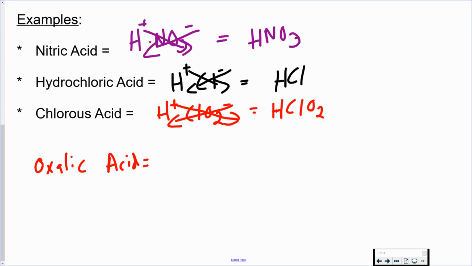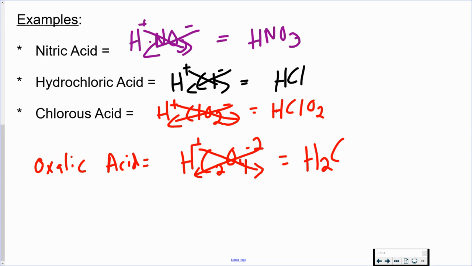Oxalate on the back of your periodic table is C2O4 with a -2 charge. You have H here with a +1. The 2 is going to come down, the 1 is going to come down, and you should have H2C2O4. You cannot reduce that. All right. That has been writing formulas of acids and naming acids. However, there are a few special cases.